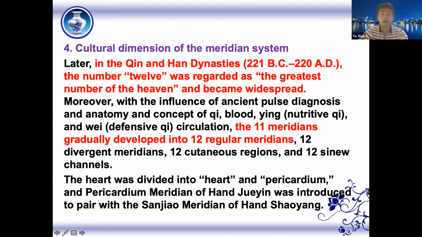Later, the heart was divided into heart and pericardium. The pericardium meridian of hand 厥阴 was introduced to pair with Sanjiao meridian of hand 少阳.